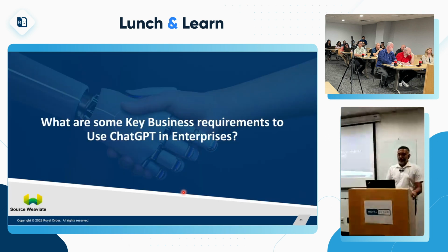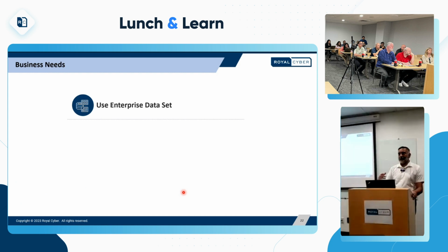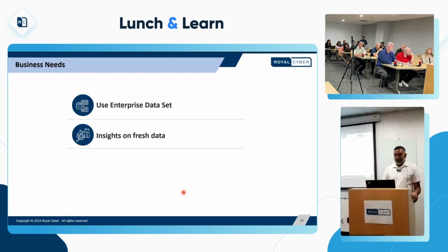So what are some key business requirements to use ChatGPT in enterprises? We work with a lot of different CIOs, directors, senior directors. Their main thing is that, okay, we want to use ChatGPT, but we want to use it with our own databases, not with the public database. ChatGPT is just trained till September 2021, but we get new data every day.